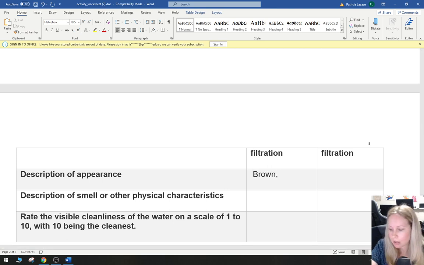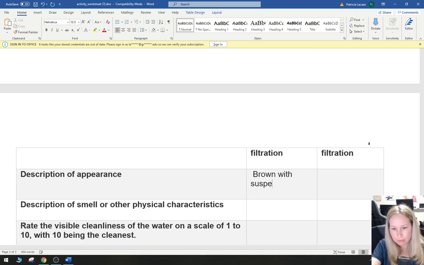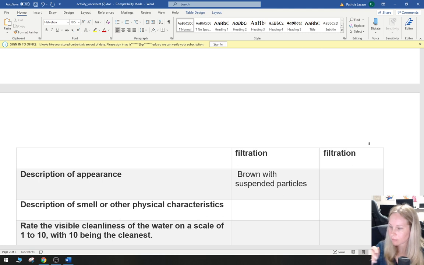Brown. It's got suspended particles. Brown with suspended particles. That means they're suspended throughout. Like you can look through and actually see little suspended particles in the top. Suspended particles. Okay.